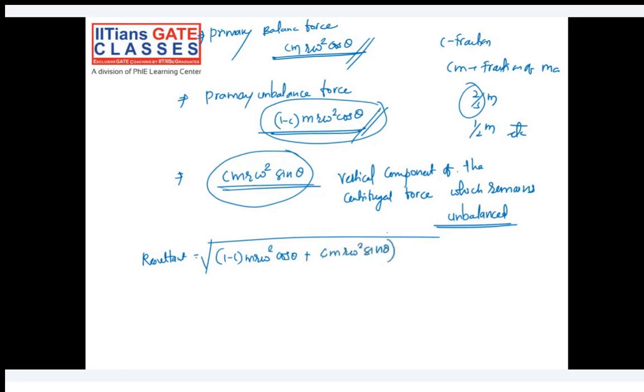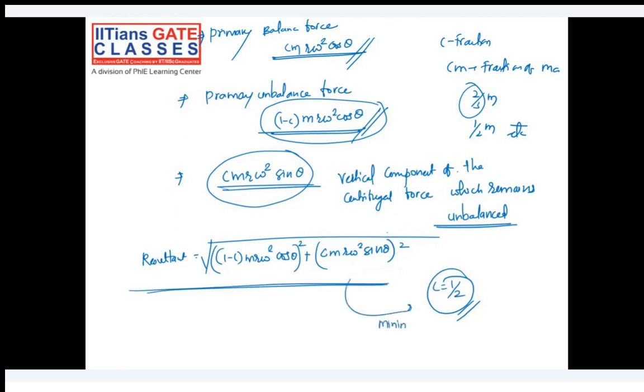Horizontal force squared plus vertical force squared, and the square root of that gives the resultant force. If you differentiate this resultant force with respect to c and equate it to 0, you will get c equal to 1 by 2. So this is a limiting case. The resultant unbalanced force will be minimum when c is equal to 1 by 2.